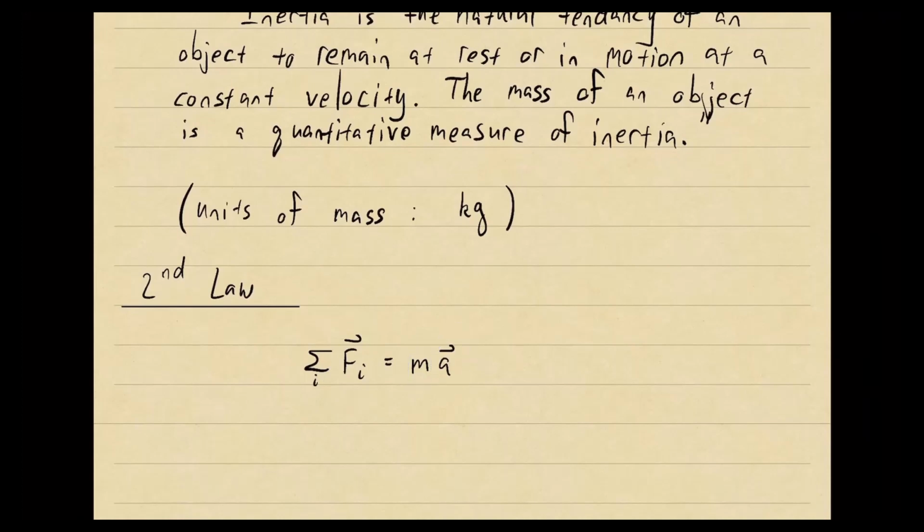So this term here is what we call the net force. This term right here is the mass of our object. And this term right here is our acceleration.